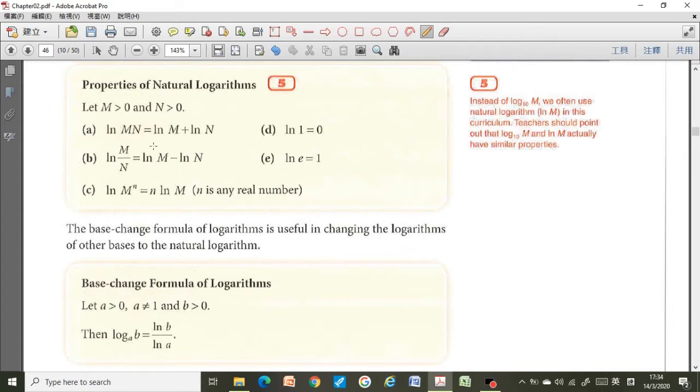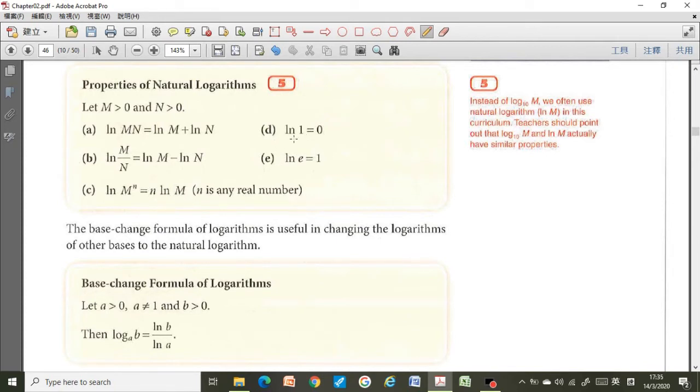The second one is, if you take the logarithm of one number divided by another, you can change it to the difference between the two logs: the log of the numerator minus the log of the denominator. If you have an expression log m to the power n, the power can go down in front of the logarithm, so you get n log m.